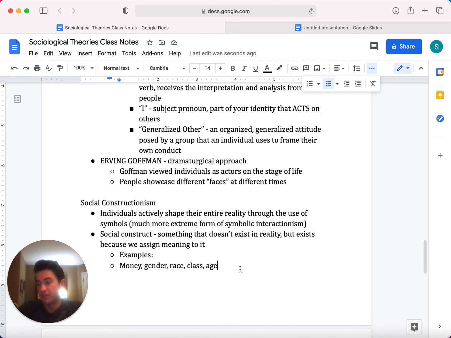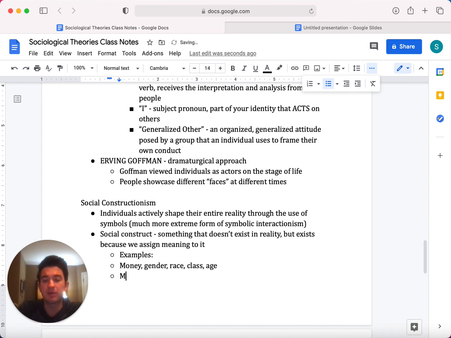Okay, and so like I said, you'll be able to identify when the answer to a question is social constructionism because the passage will probably be about money. And then the question will be like, X philosopher thinks that money holds no significance in society and that it only exists because we assign meaning to it. That would be social constructionism. All right. So think about it that way.